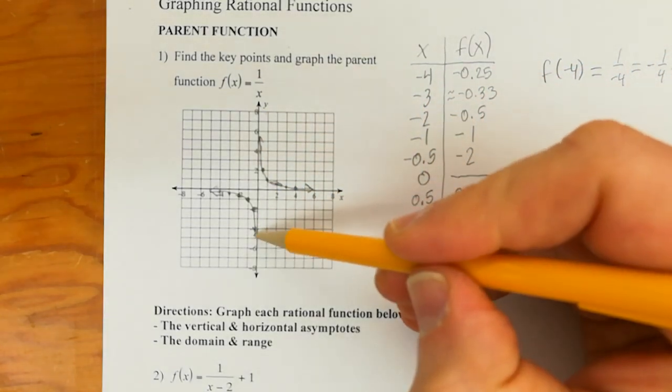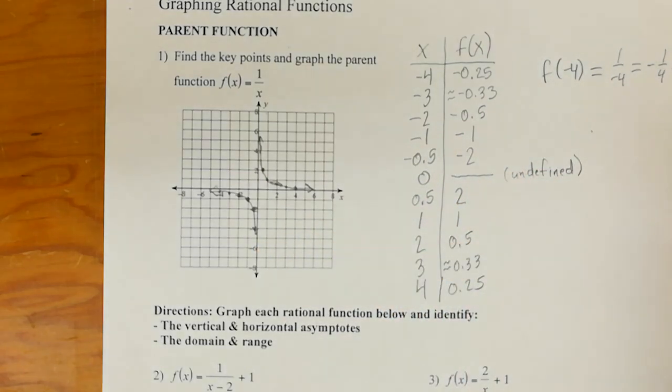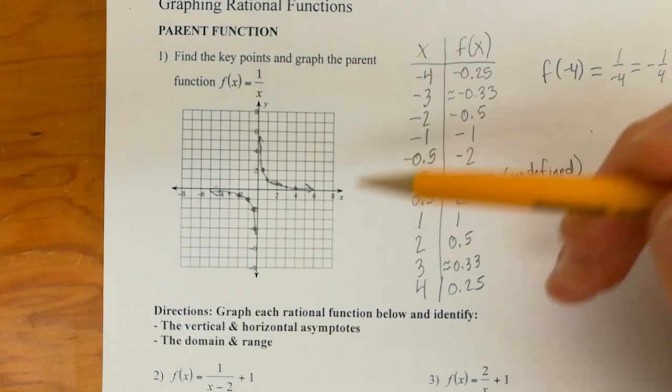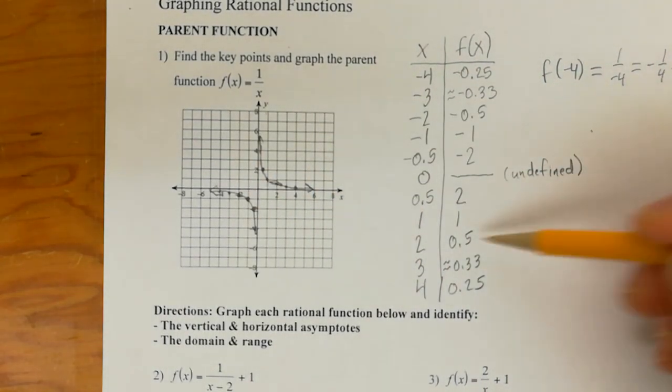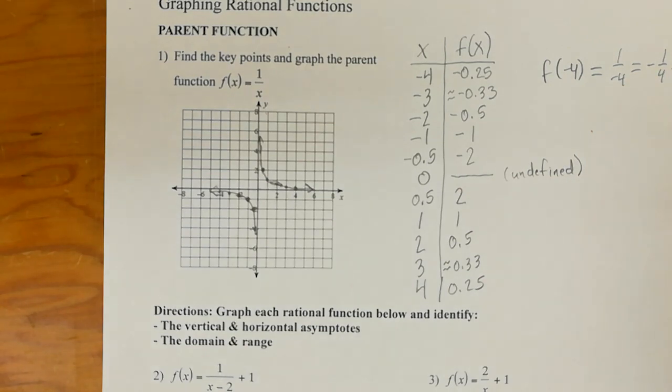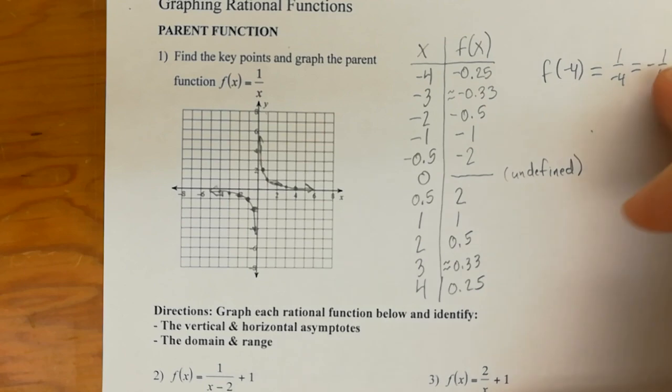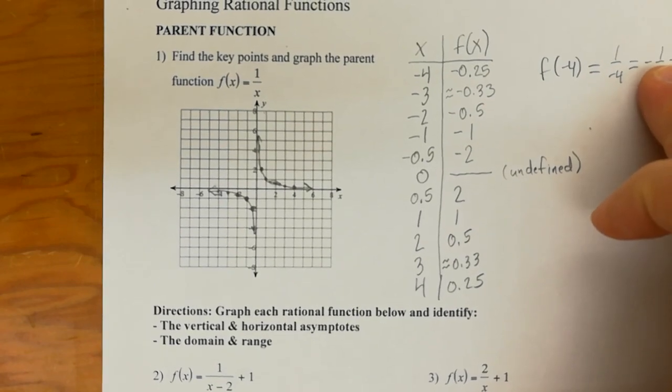They sort of approach the axes and never quite hit them. And we'll talk a little bit more about that later. But this is what it looks like. Now we're going to use some of these points as reference points for when we graph the transformed functions. So I'll come back to that. But that's just what a basic rational function looks like on a graph.